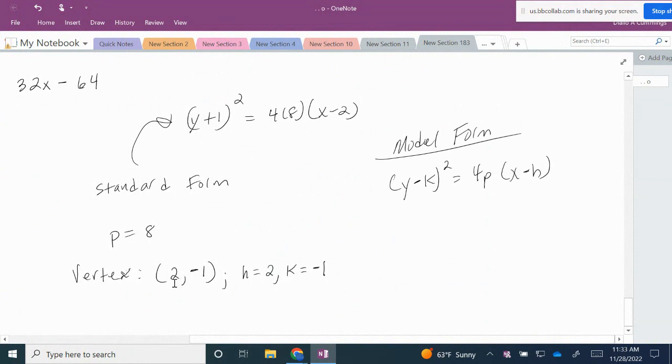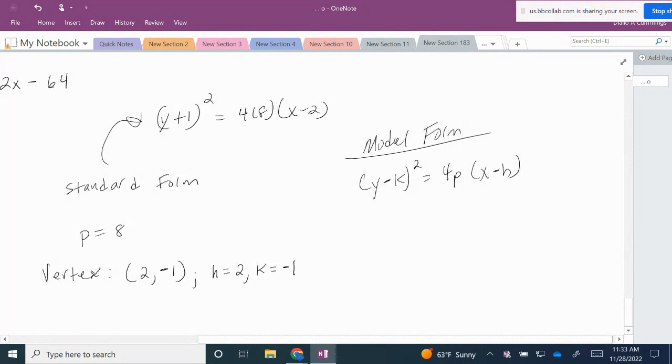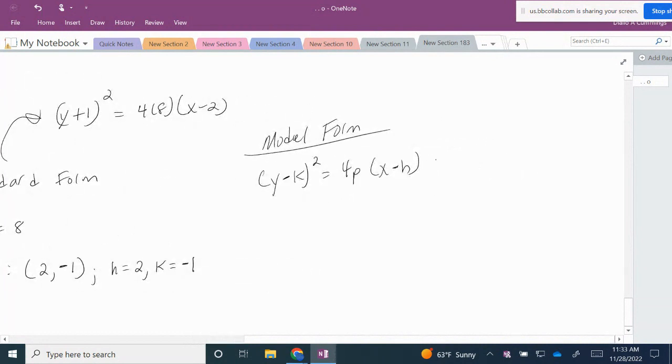We have the vertex is 2 comma negative 1, so h is 2, k is negative 1, and p is 8. I'm going to substitute those into this formula.